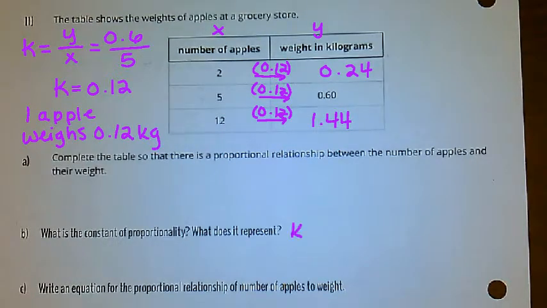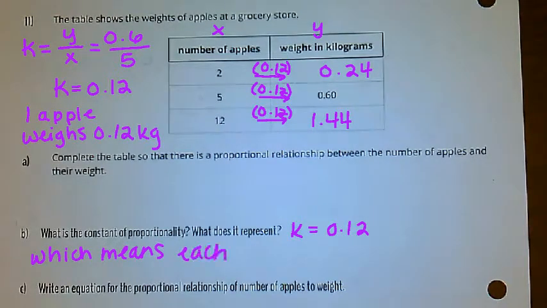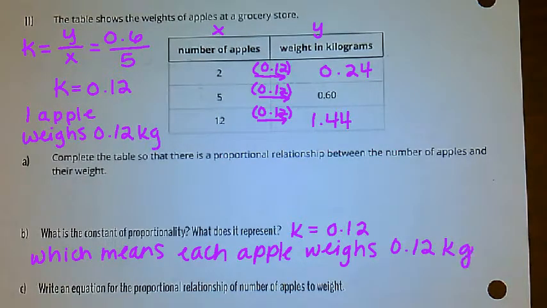So k equals 0.12, which means each apple weighs 12/100ths of a kilogram. Pretty tiny.